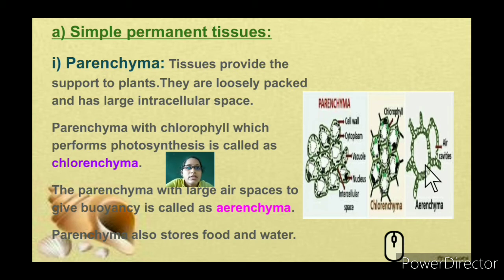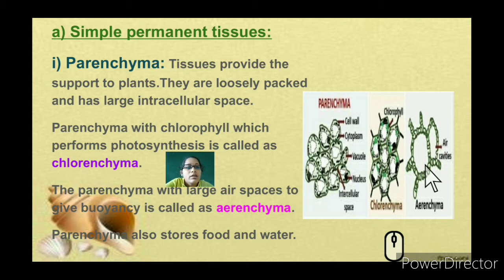So you can see that permanent tissues are segregated into two types, simple permanent and complex tissues. Under simple permanent, the major tissue is the parenchyma. These parenchymas help in supporting the plants, and they are loosely packed and also have intercellular spaces.